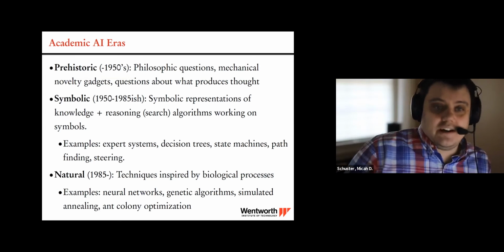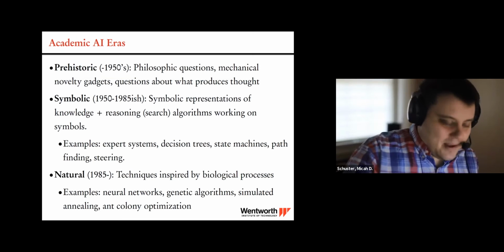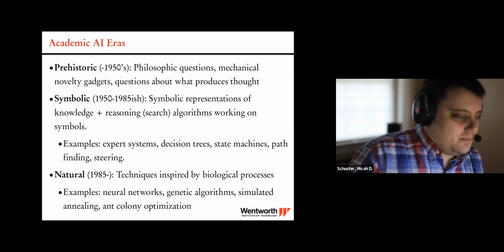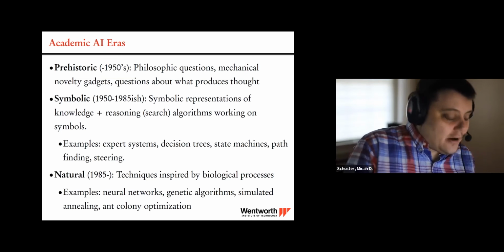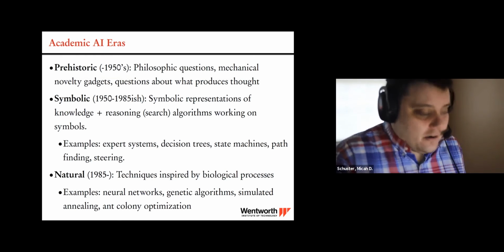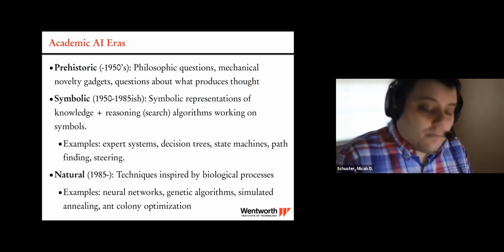That was when computers started to get a lot more powerful, and more prevalent throughout academia and also in the wider public. So that's when this more natural AI started to appear, and that's where we're at now. Like I said, if you take an AI class now, you're going to be learning about neural networks and genetic algorithms, and these are inspired by biological processes.